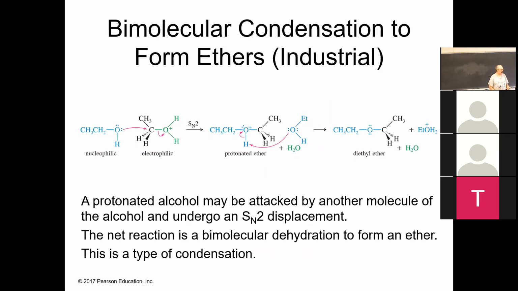Okay, here is bimolecular condensation to form ethers. When we convert ethanol to ethylene, that takes place industrially at 180 degrees Celsius. This reaction takes place at 140 degrees.